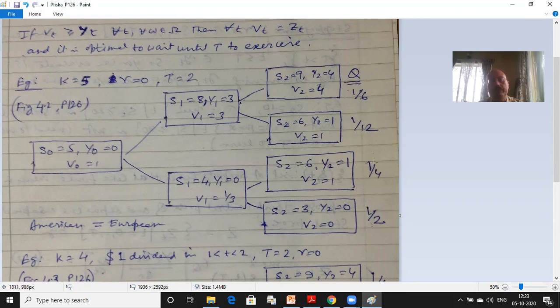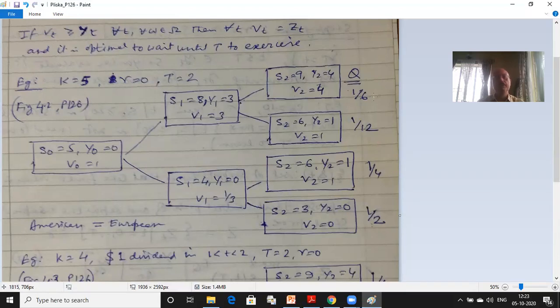So I need to specify the 4 terminal probabilities. They will of course depend on the branching probabilities here at the first node and here at the second node. But with this probability distribution 1/6, 1/12, 1/4, and half, we will start calculating from the last.